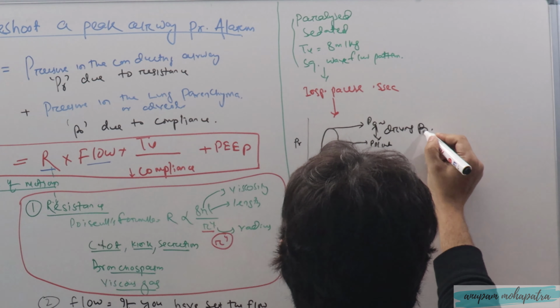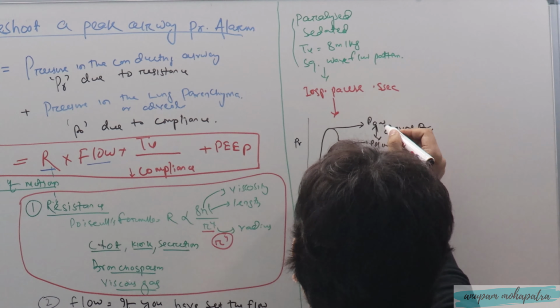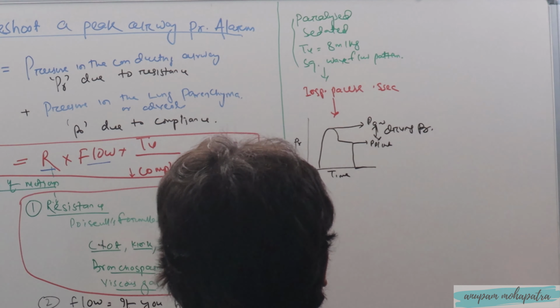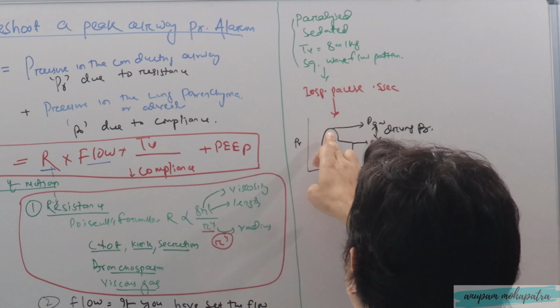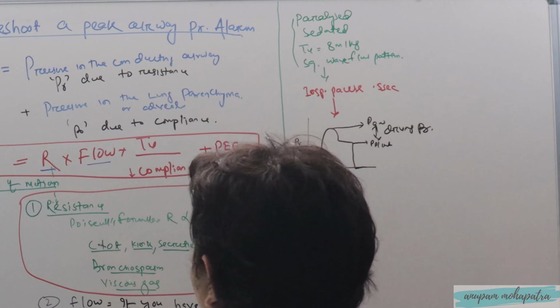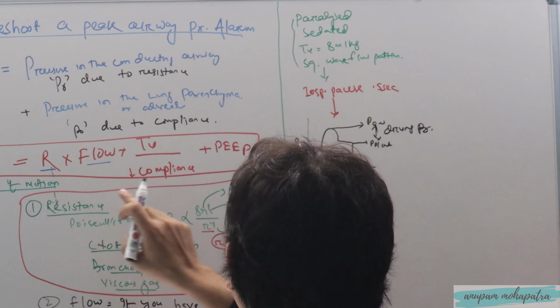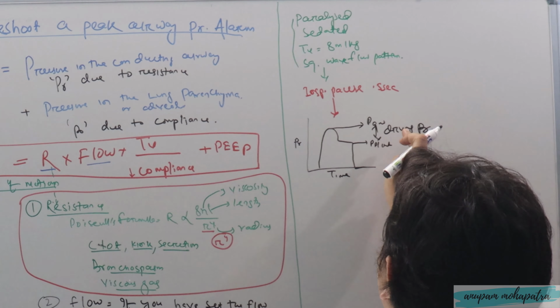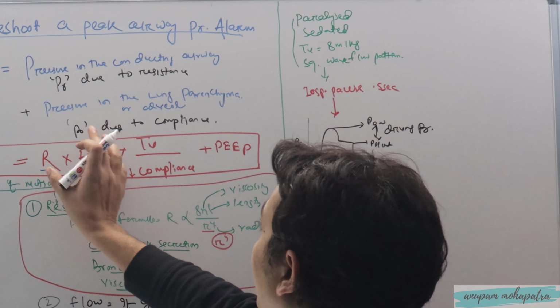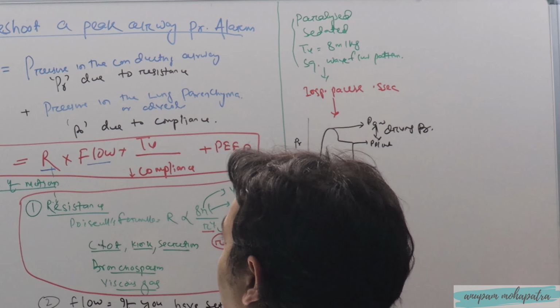This is the driving pressure, the difference between the P airway and P plat.